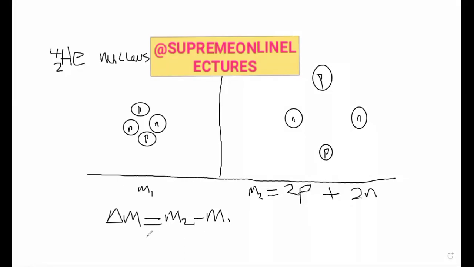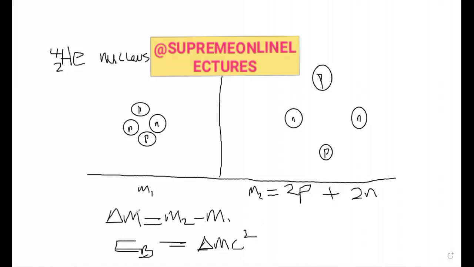Now, remember, we were talking about binding energy. So binding energy, EB, is change in m times c squared. For us to get the binding energy, we have to multiply the mass defect by the square of the speed of light.